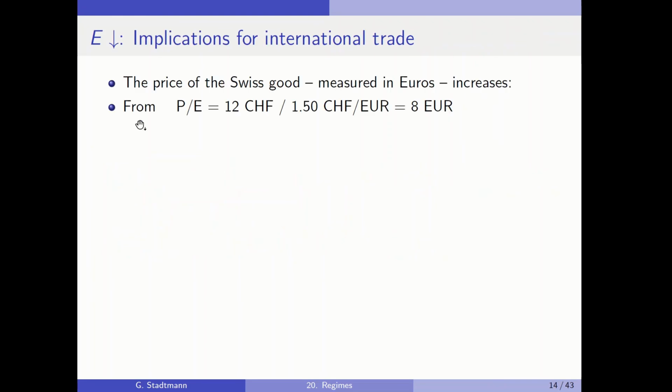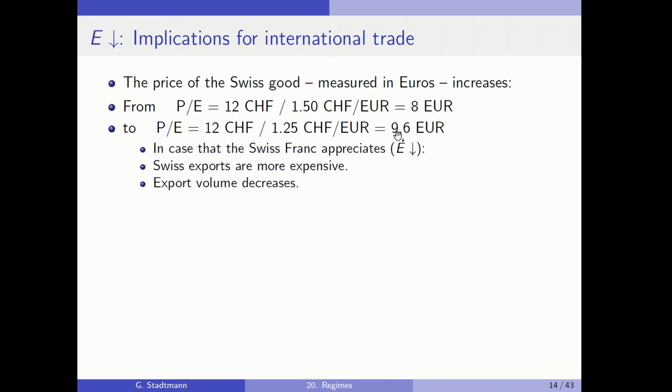What are the implications of this appreciation for international trade? The price of the Swiss good measured in euros increases. Previously, when the exchange rate was at the level of 150, the price of the Swiss good measured in euros was equal to 8 euros.